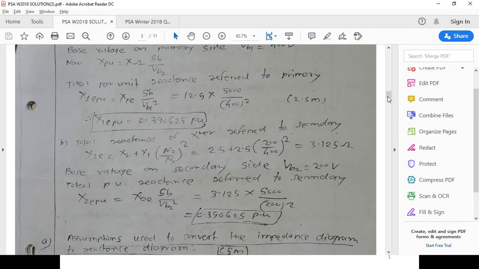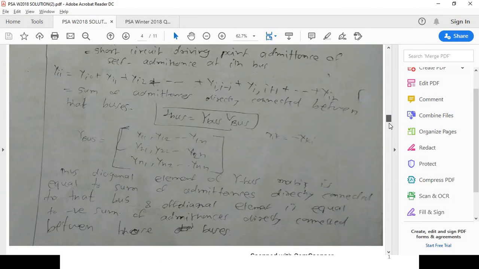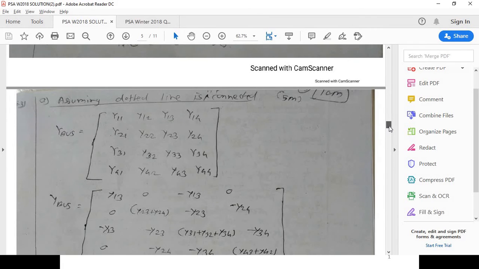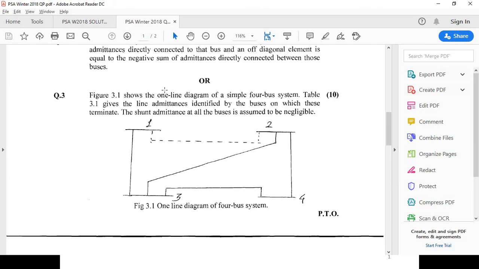In the case of the Y bus matrix, first you should know how to decide the size of the Y bus matrix from the given data. The size of the Y bus matrix is n by n for an n-bus system.